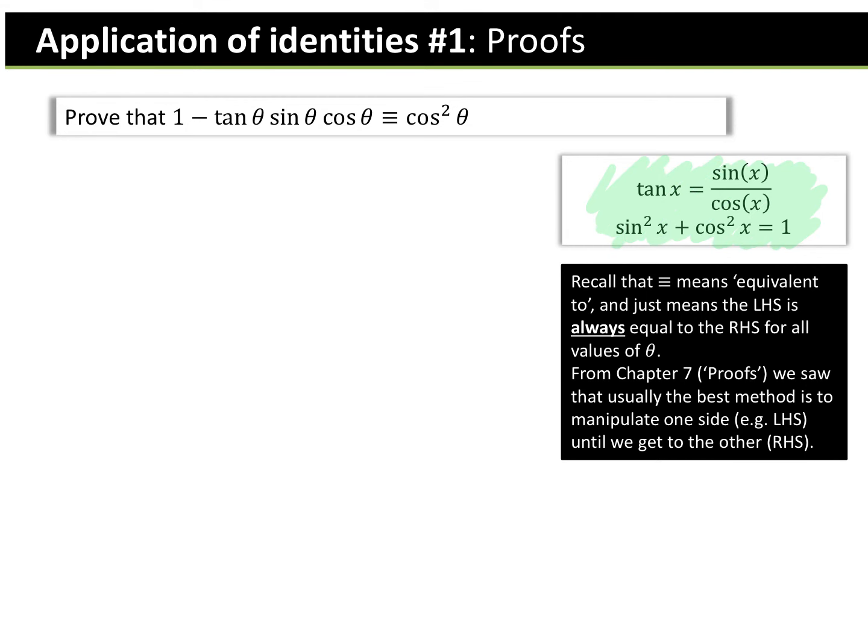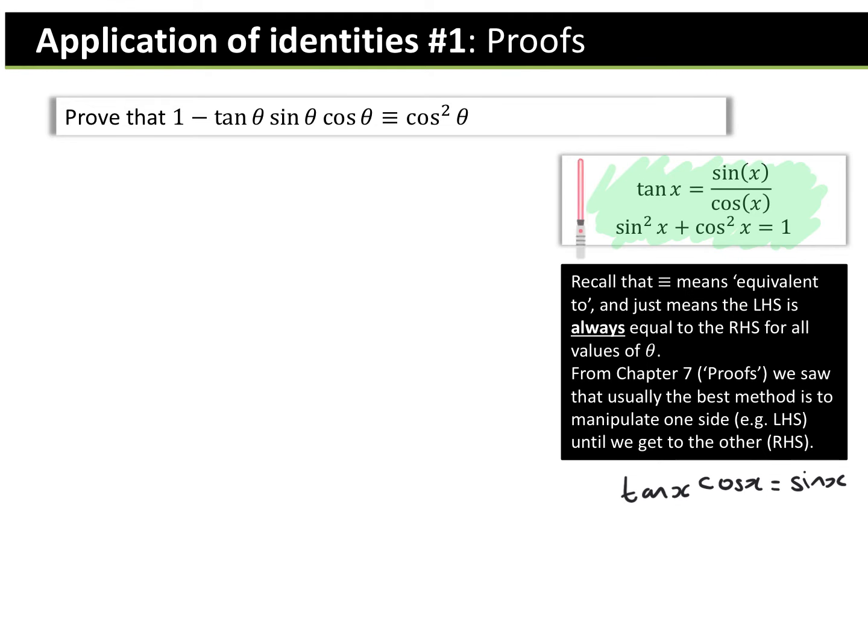Now, you can manipulate these. For example, tan x equals sine over cos. Well, you could also say that tan x multiplied by cos x equals sine x, couldn't you? Because all I've done is multiply my tan and my cos here. This is just manipulation.